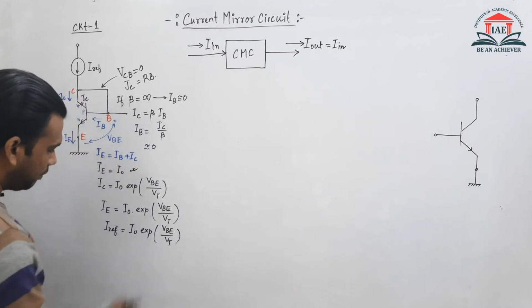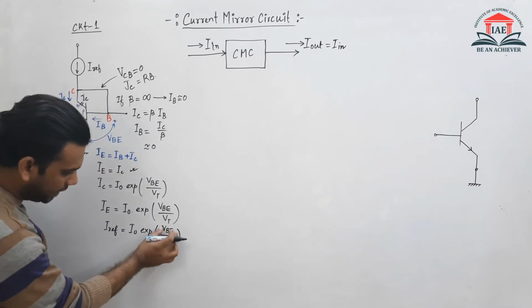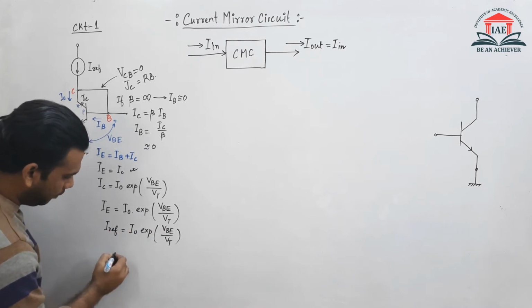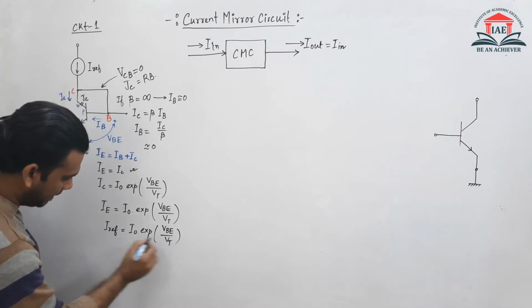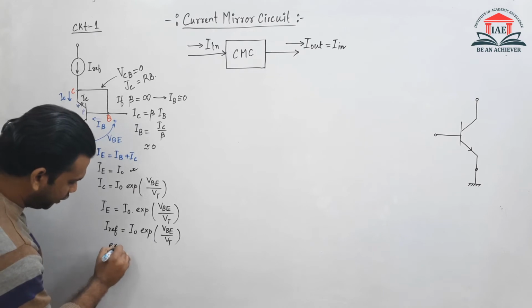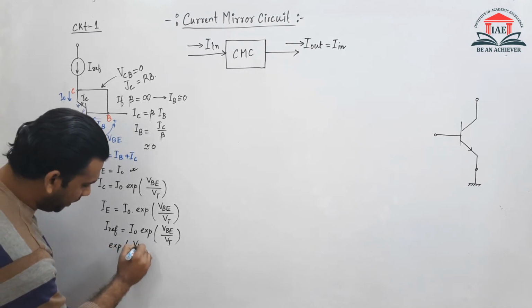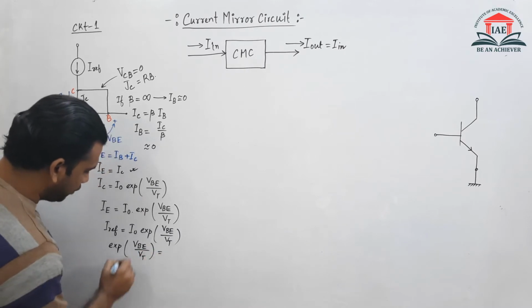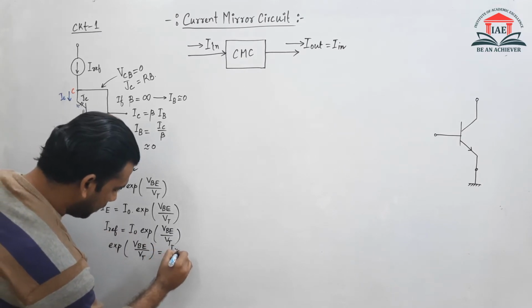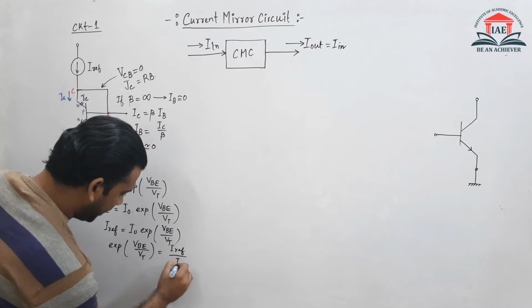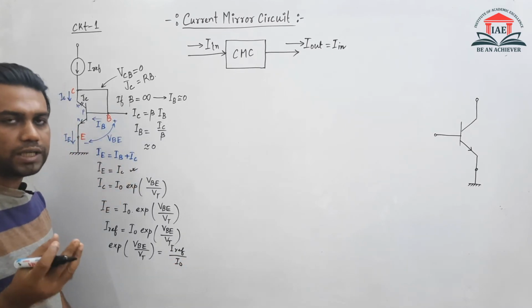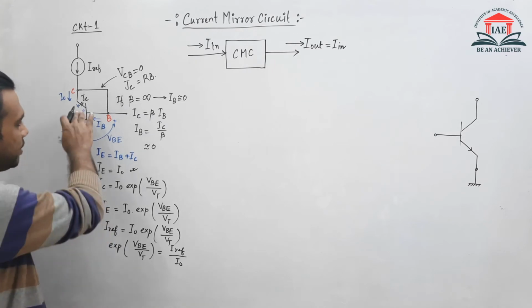Now from this equation, if we want to find the value of VBE, what will be the value? I can write it as exponential VBE divided by VT equals I reference current divided by I0, and I0 was the reverse saturation current of the NPN transistor.